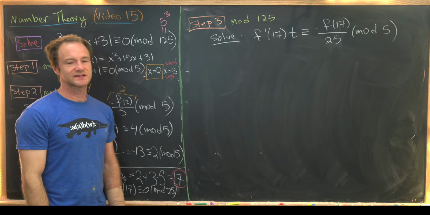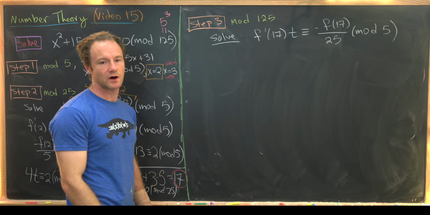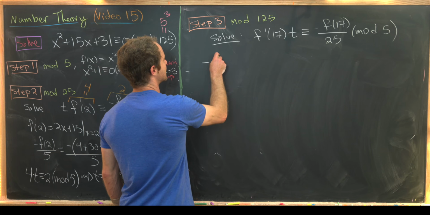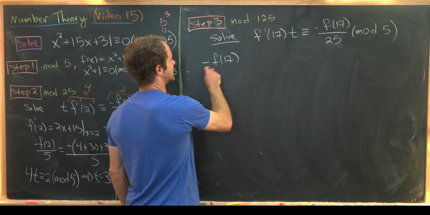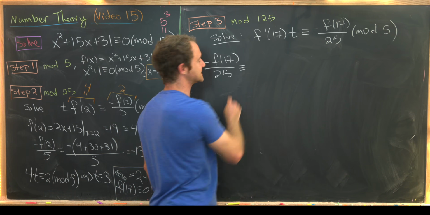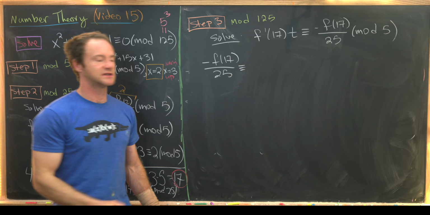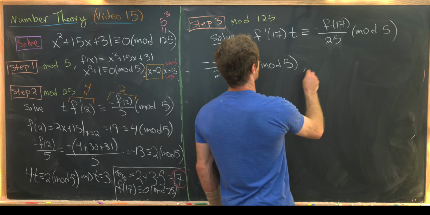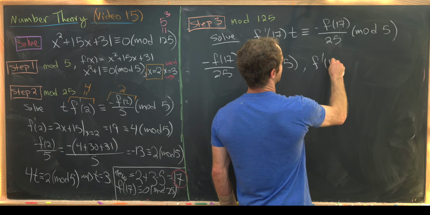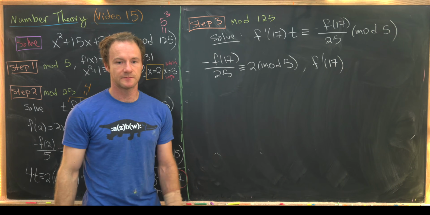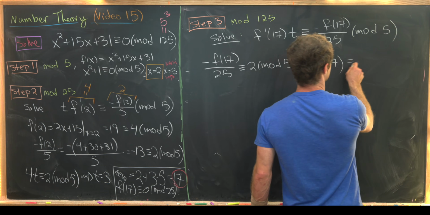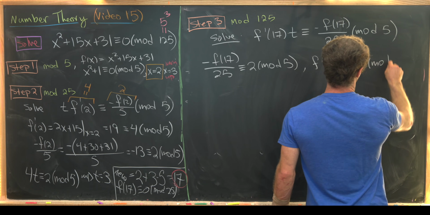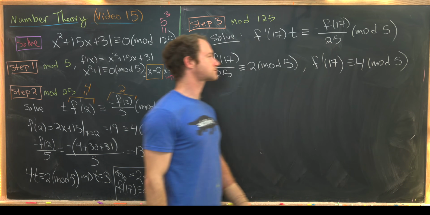So again, this is just some calculation. It's not too hard to do, but what we get is negative f of 17 over 25 can easily be calculated to be congruent to 2 mod 5. And then f prime evaluated at 17 can easily be calculated to be 4 modulo 5.